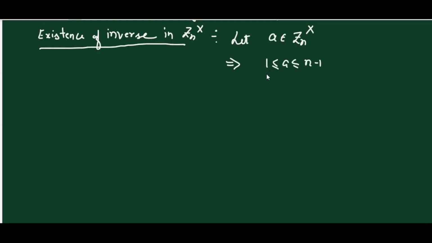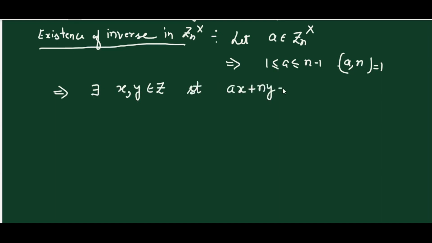So it means A lies between 1 and n minus 1. Moreover, the GCD of A and n is 1. So by using the result from number theory, there exist integers x and y such that ax plus ny is equal to 1.